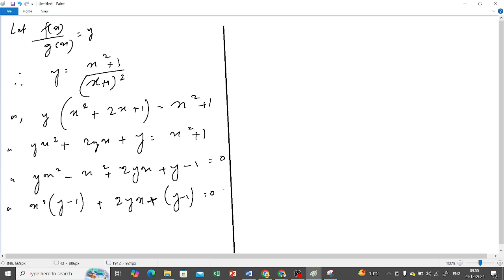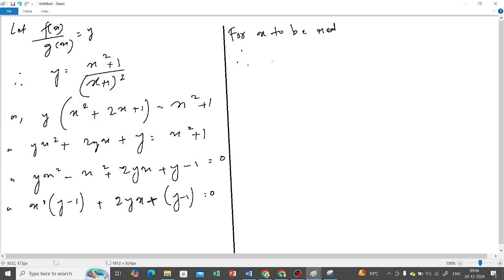Now this becomes a quadratic equation in terms of x. Now for x to be real, what is x? x is the root. So for x to be real, the discriminant has to be greater than or equal to 0.